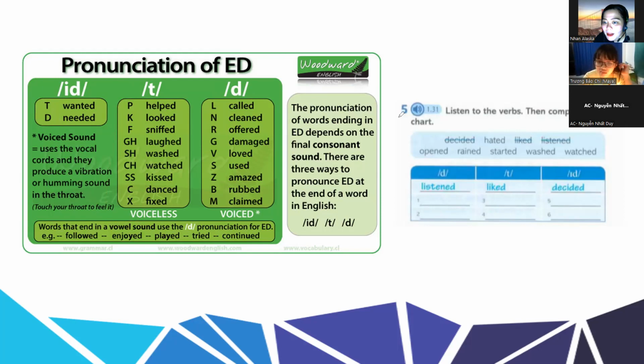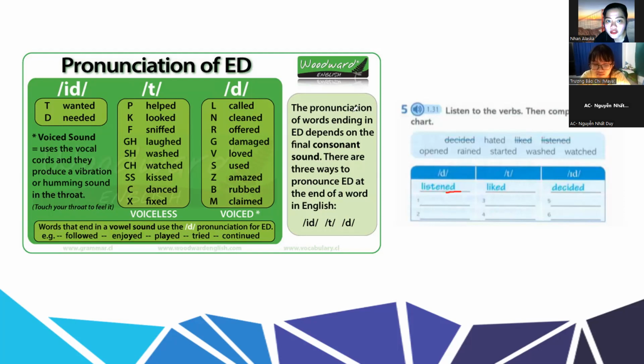Okay, how about this one? Listen to the verbs, then complete the chart. I have here the three sounds. What you're going to do is help me find the two remaining words in each chart. On the D sound, we have the word listened.